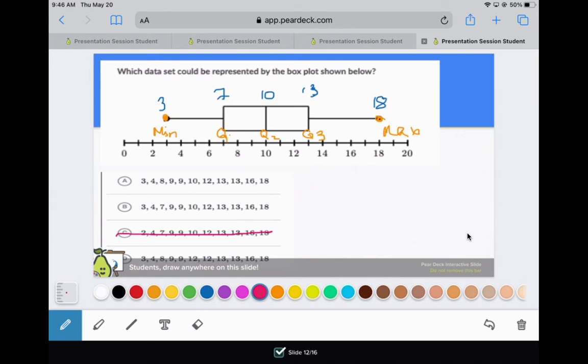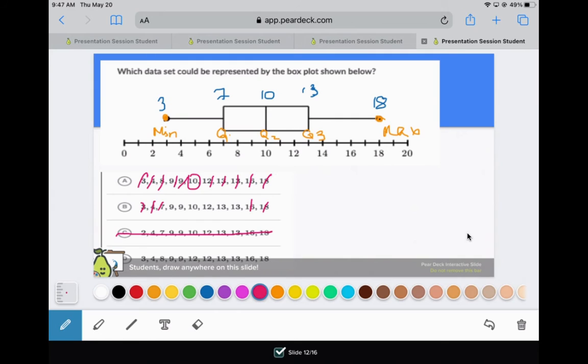Now we can look at the others. I'm looking for the median, which is 10. So I can do this, 1, 2, 3, 4, 5. So my median is 10. The middle number is 10, so that still counts. So I'm going to try the next one.